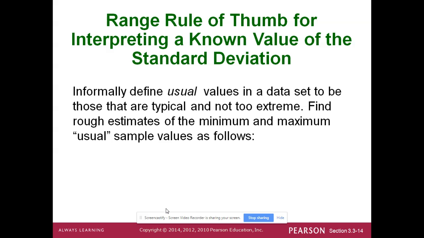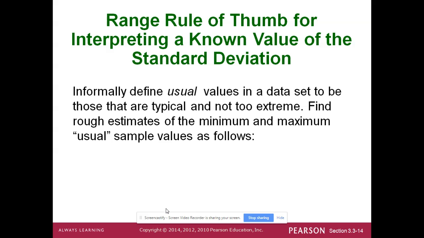Usual values are what we're talking about when we say within 2 standard deviations. That's what we're going to call those, usual values. They're not too extreme. They're fitting within that.